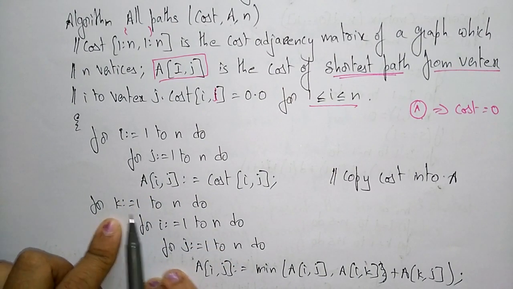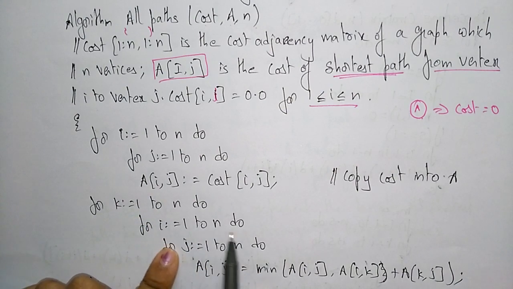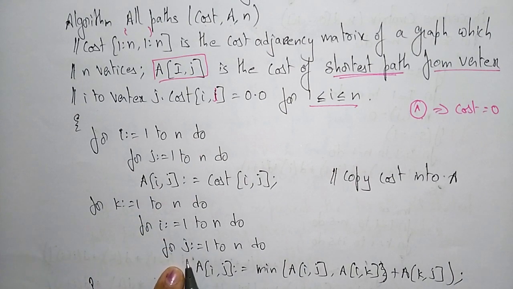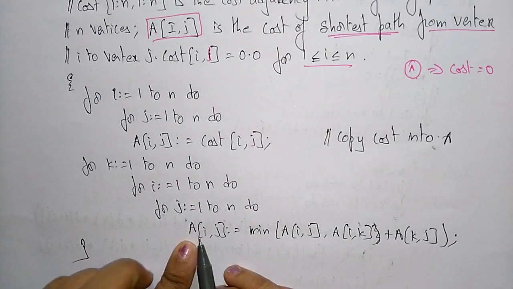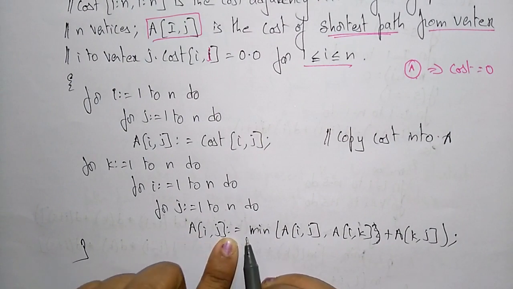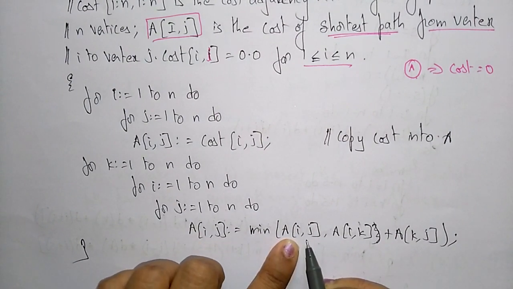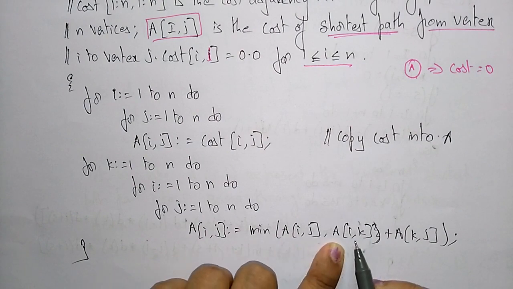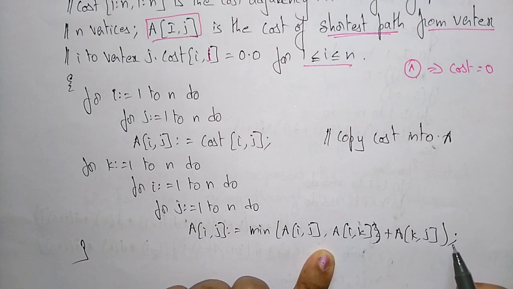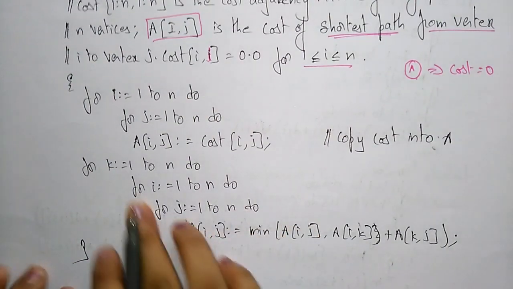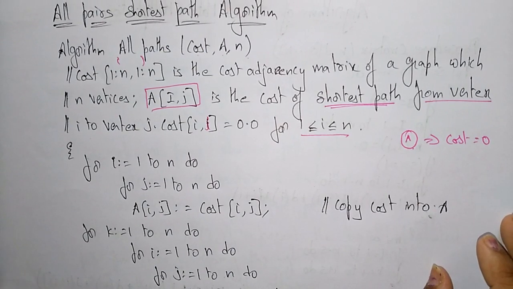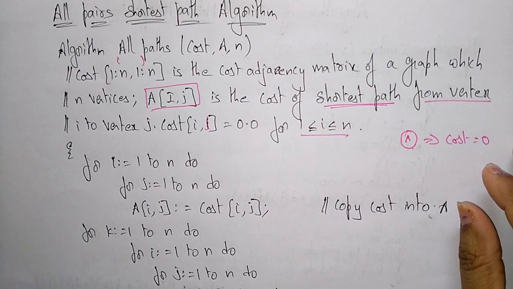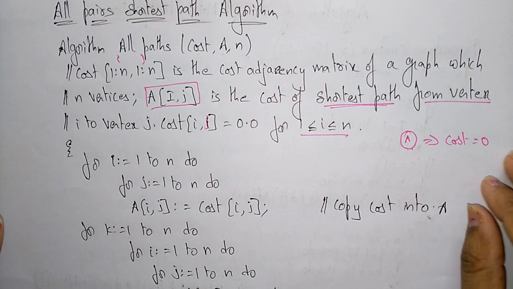Then you check for k is equal to 1 to n, again i is equal to 1 to n, for j is equal to 1 to n, the formula for calculating the shortest path, that is A of i j, is equal to minimum of A of i j comma A of i k plus A of k j. So this loop continues until it reaches n. So this is the algorithm for all pairs shortest path. Okay. Now in the next video I'll explain all pairs shortest path by taking an example. Thank you.